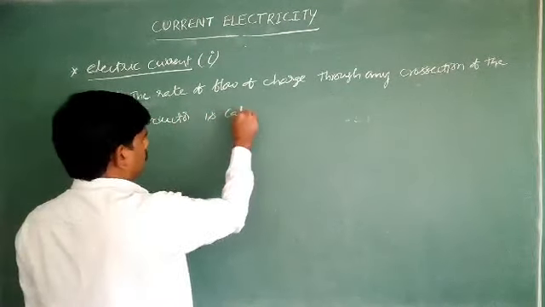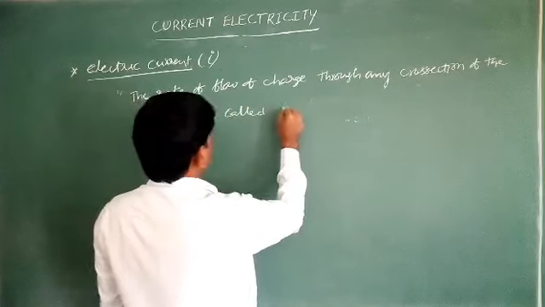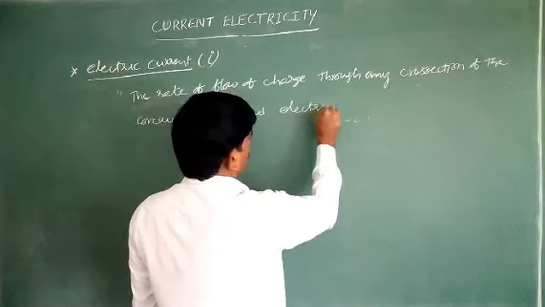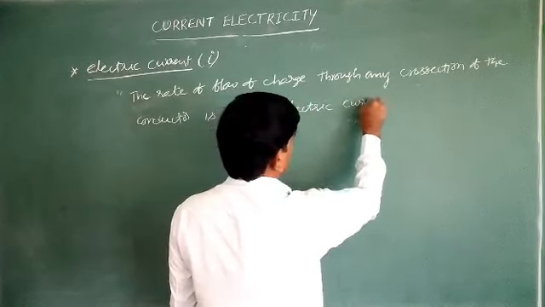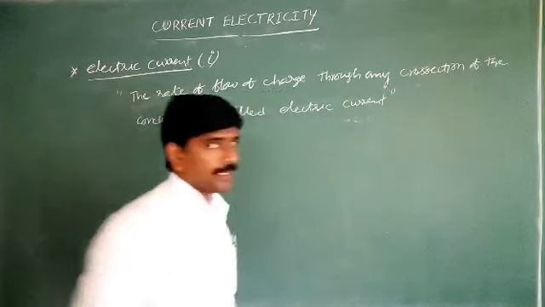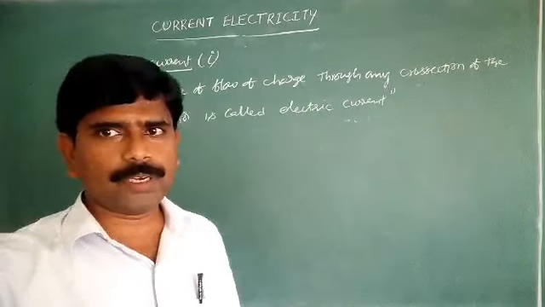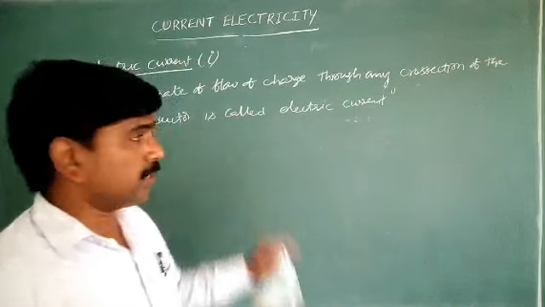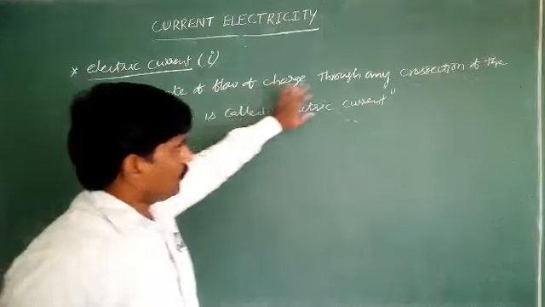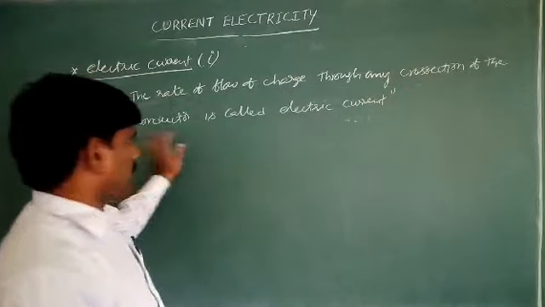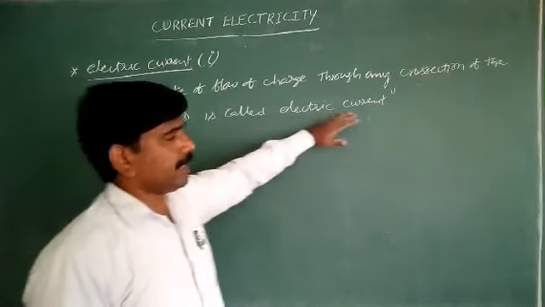Try to observe this statement: the rate of flow of the charge through any cross section of the conductor is called electric current.